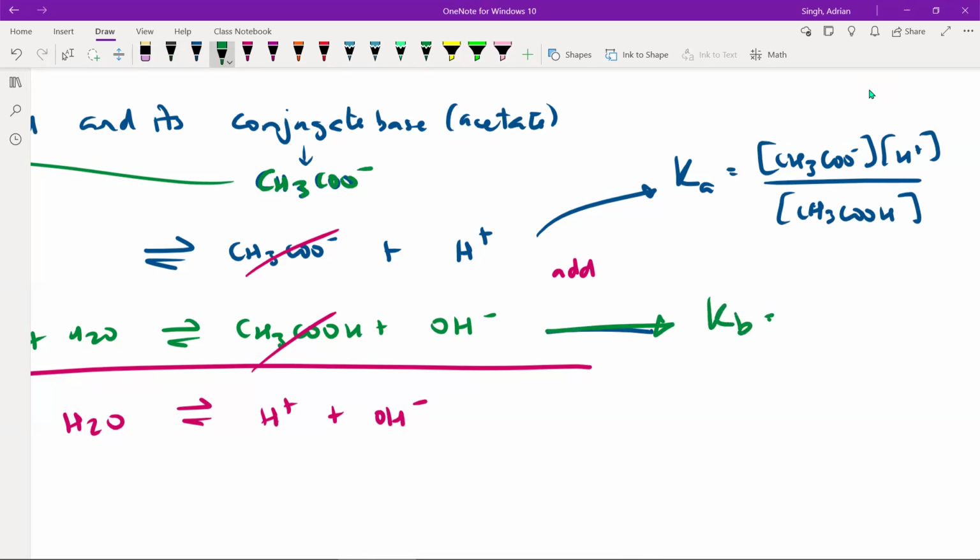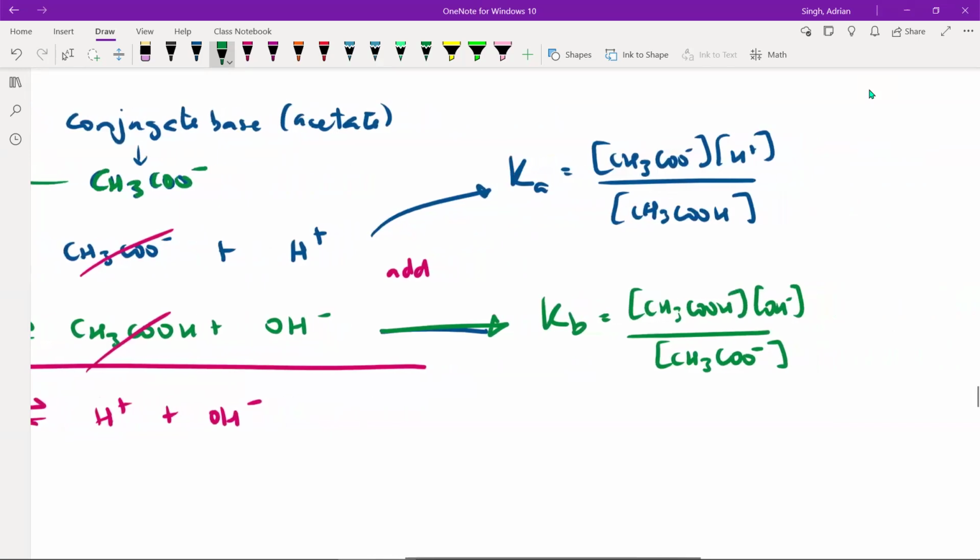So my Kb there is CH3COOH times OH minus divided by CH3COO minus, right? So this is nothing new. I'm just now writing out the expressions for the Ka and Kb within the same conjugate acid-base system.